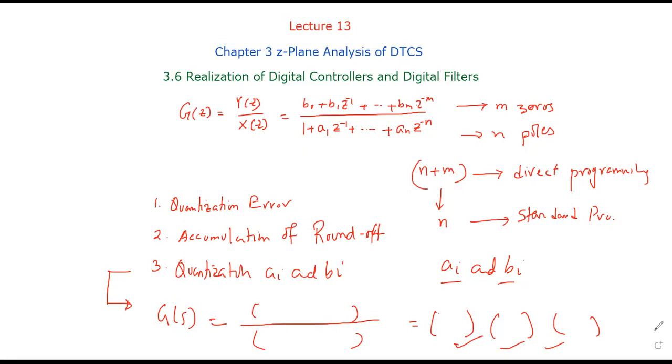So instead of a high order pulse transfer function, we truncate it into first and second order pulse transfer functions and combine them in different structures: cascaded, parallel, and ladder.